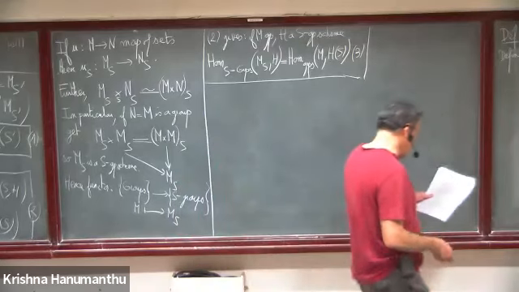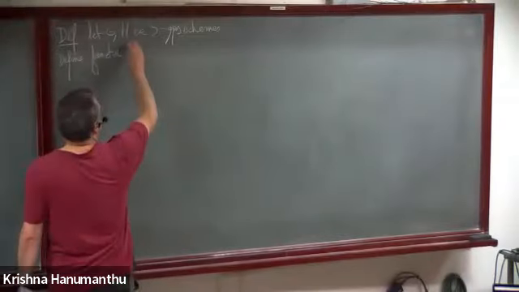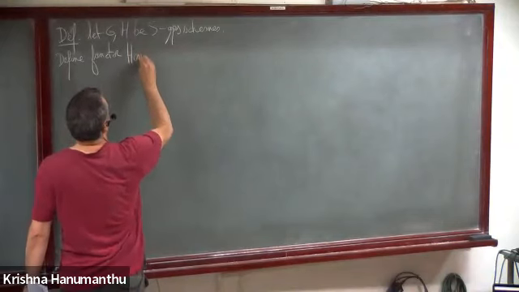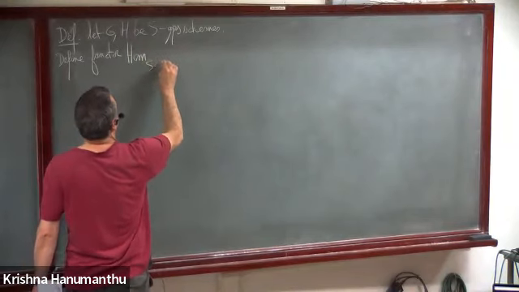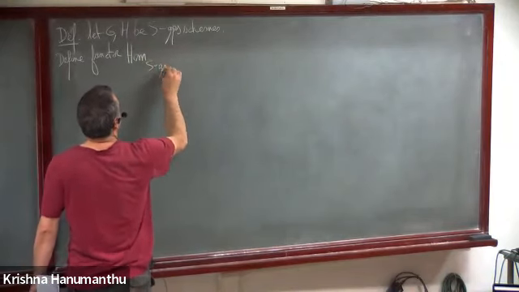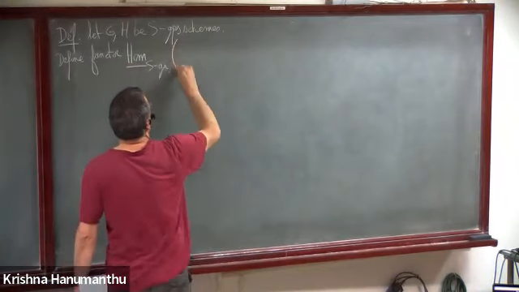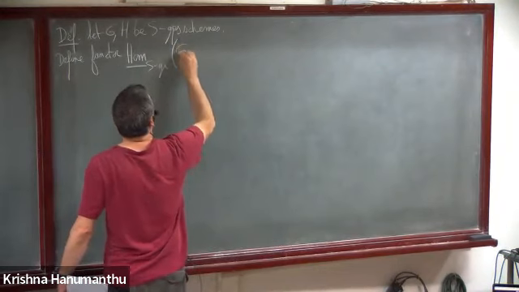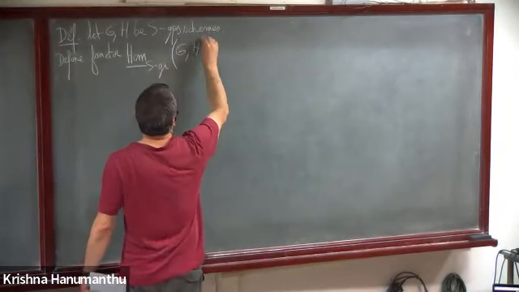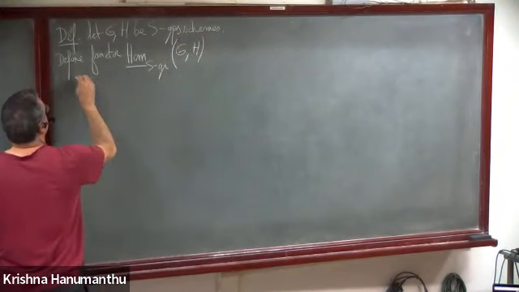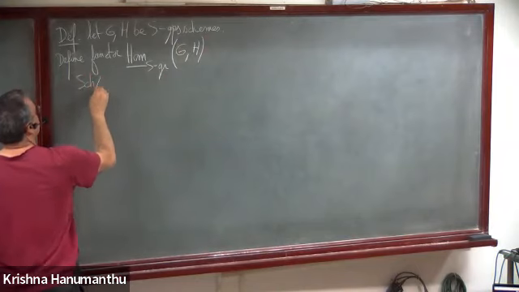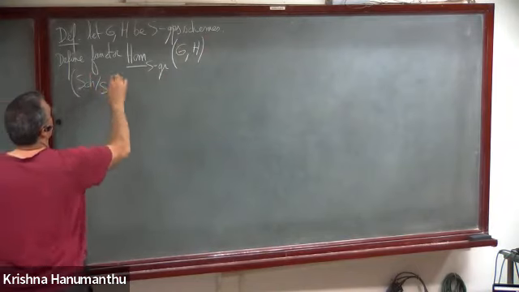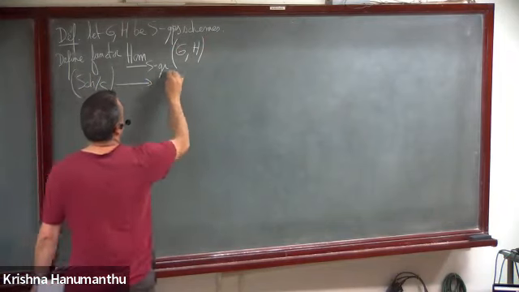Let's define a functor which we will write Hom_{S-group} underlined of G into H. It's a functor from the category of schemes over S to the category of sets.